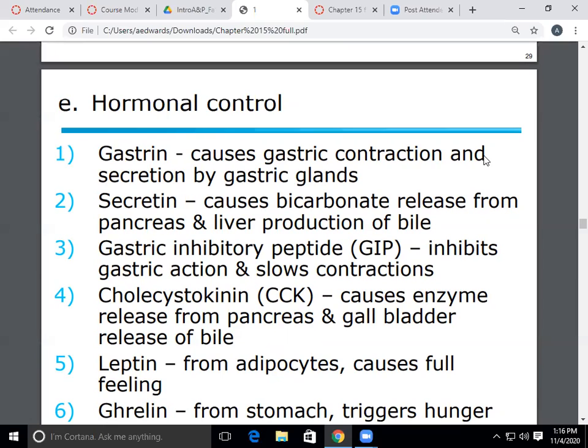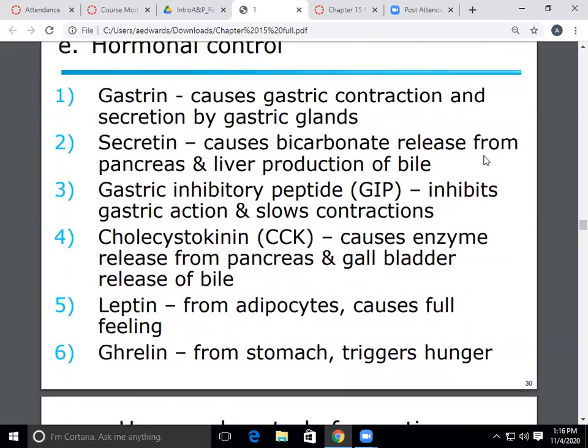Leptin is produced from the adipocytes, your fat cells. It makes you feel full. Another hormone, ghrelin, comes from your stomach, and it's basically a stimulation that makes you feel hungry.